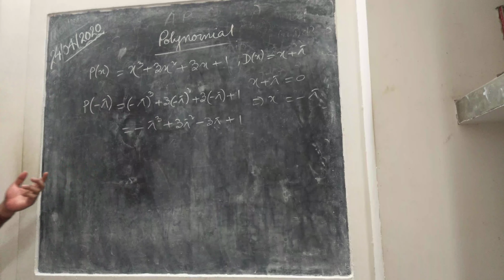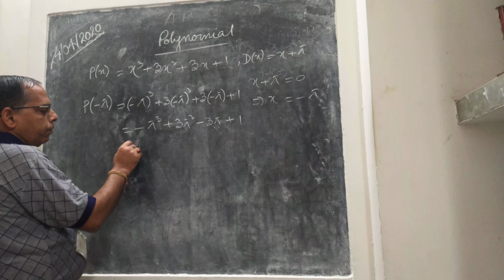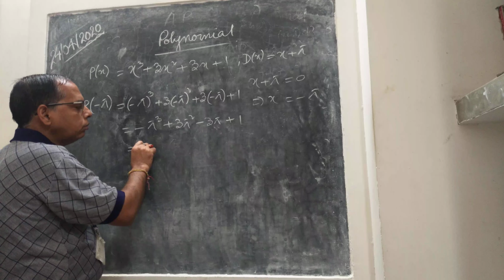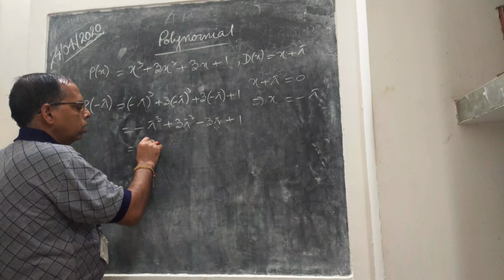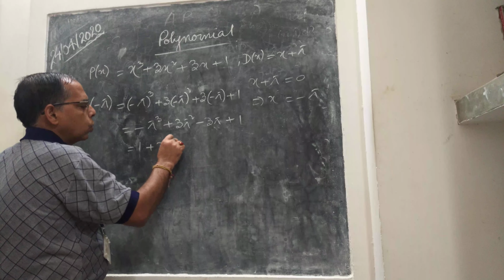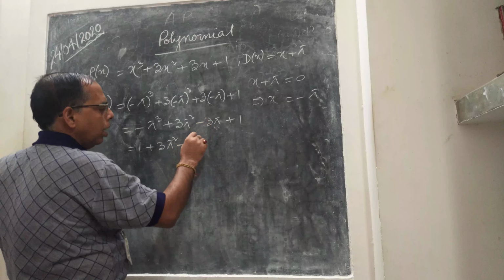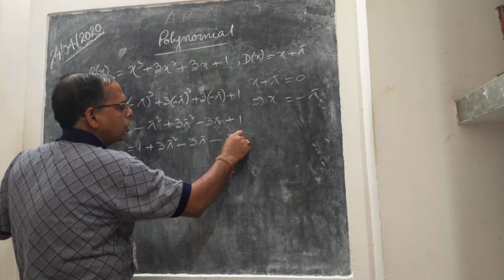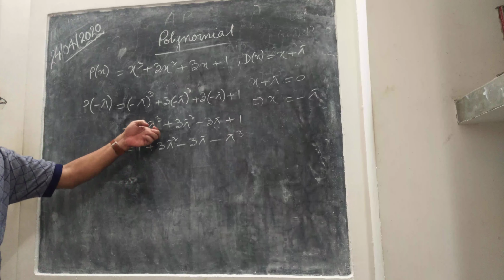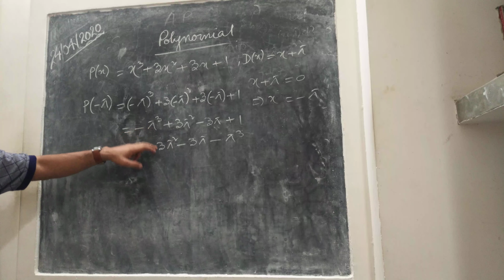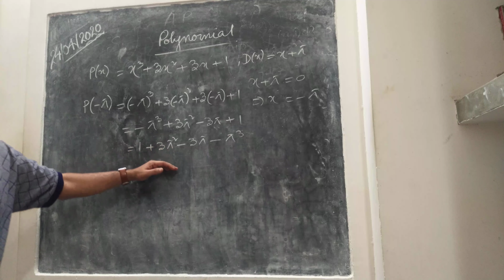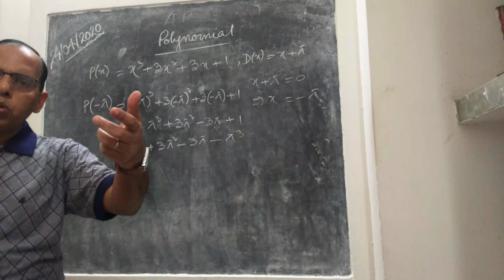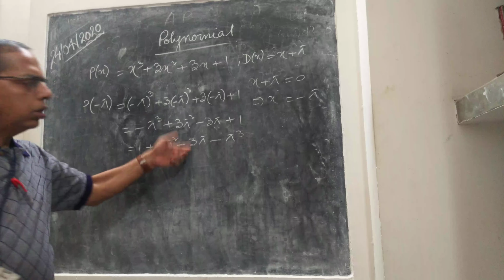Last time also we got the same, 1 plus 3π² minus 3π minus π³ in that way. So same thing. Here also you can finish, no problem. Here I just want to show you that last time when we got the remainder by virtue of division, that is also the same as this.